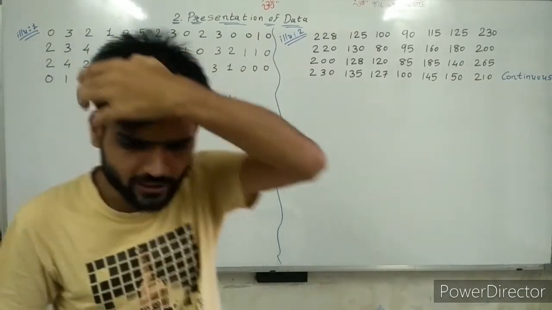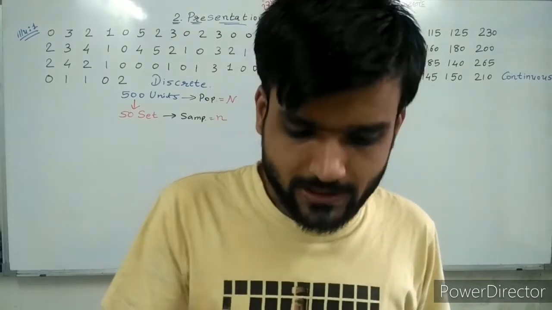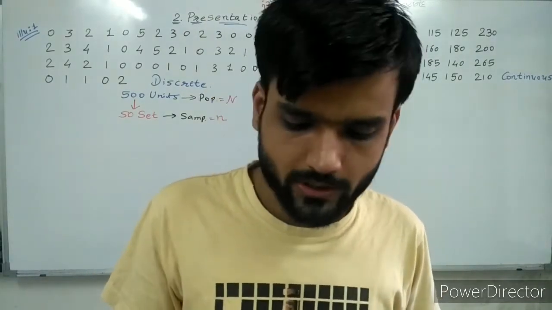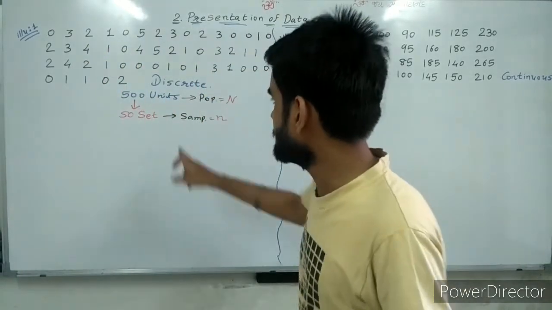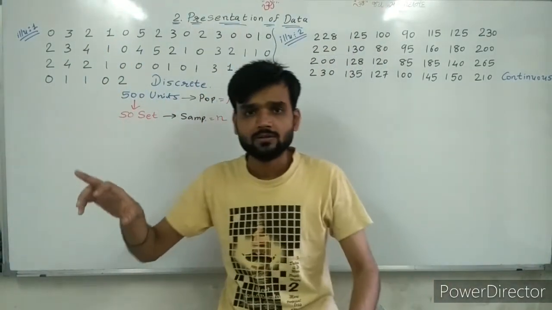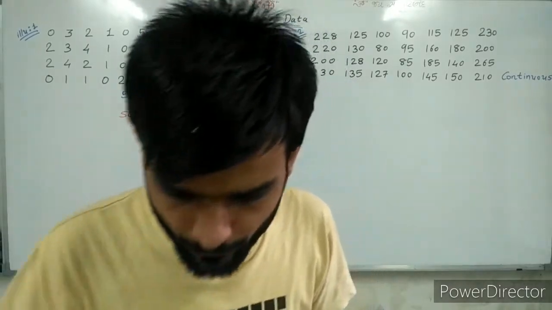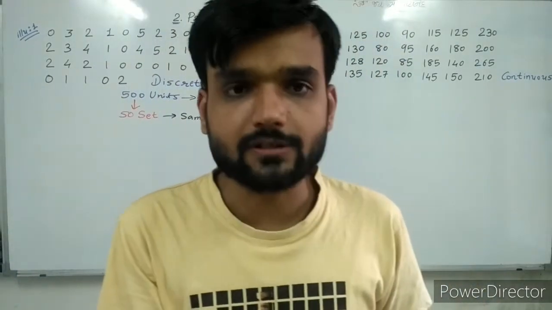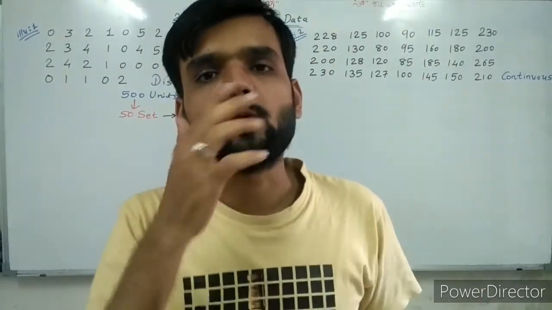Now, going ahead, reading the question. A sample of 50 television sets is drawn and each television set is examined. So these 50 sets are examined and checked. Now the number of defects per set is given below.